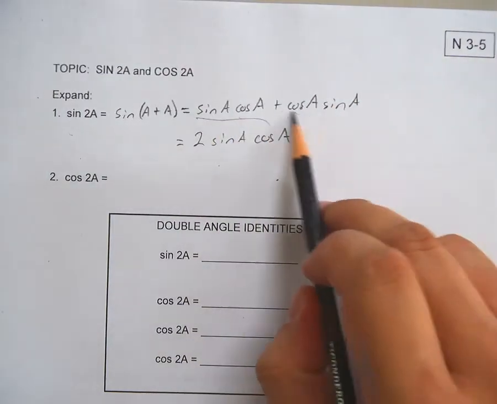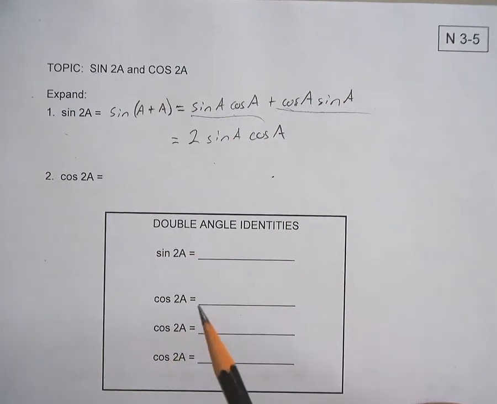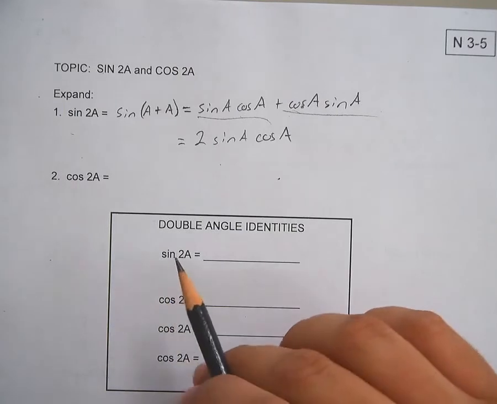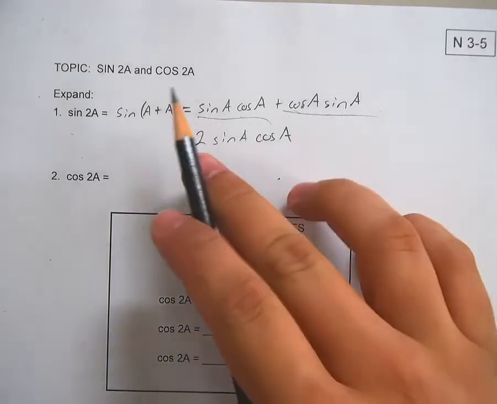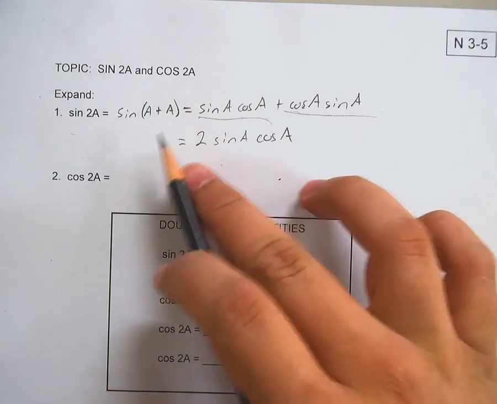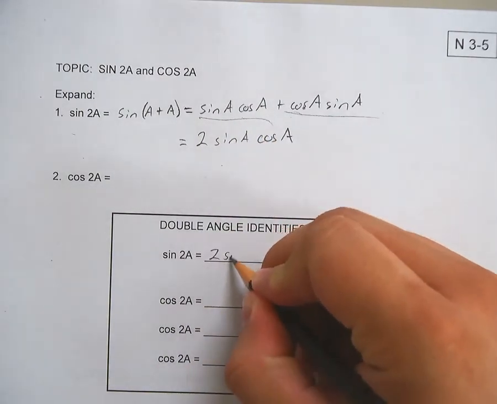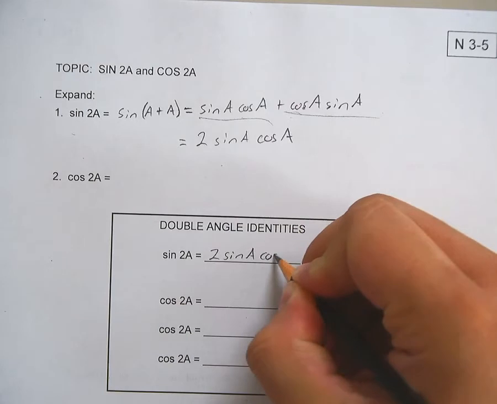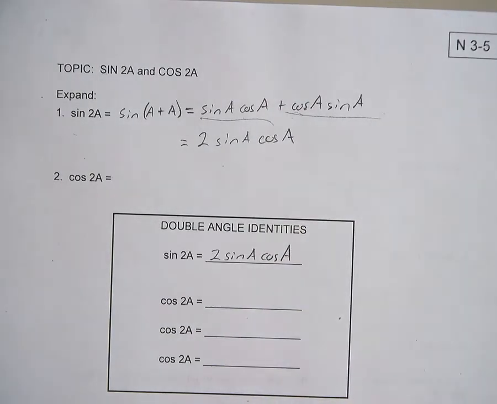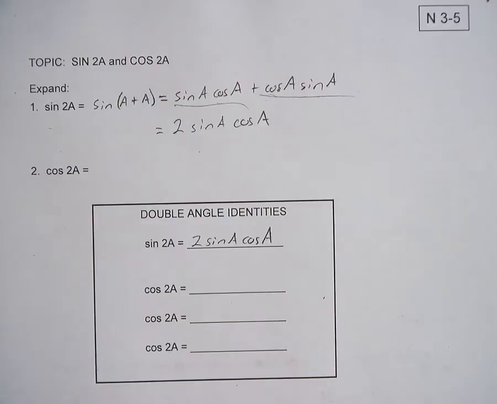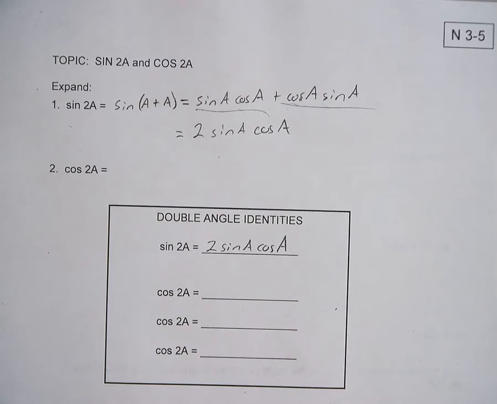We've got 1 plus 1 is 2. So for sine of 2a, if your a's happen to be the same, we can simplify that and say that it is 2 sine a cosine a. That's just a way to simplify this trig function.